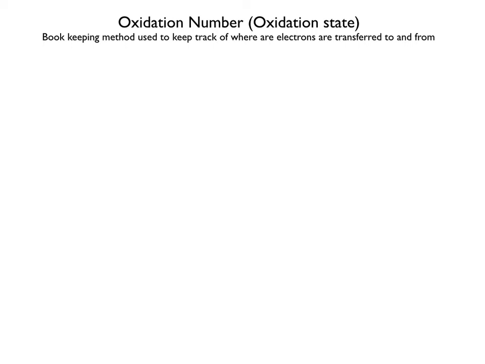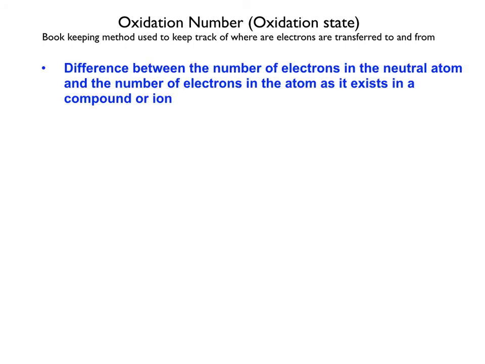So this is a bookkeeping method used to keep track of where electrons are and where they're coming from and going to. In general, the oxidation number of any atom is just the difference between the number of electrons in the neutral atom and the number of electrons in the atom as it exists in a compound or ion.